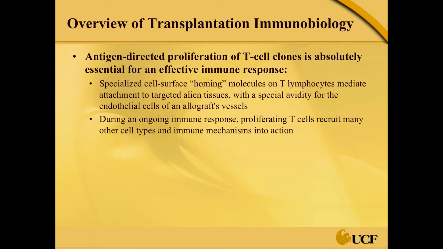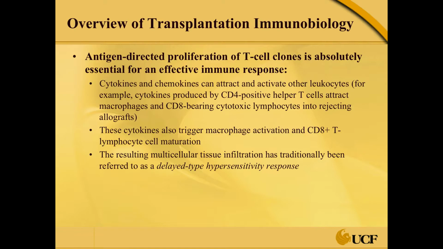During an ongoing immune response, proliferating T cells recruit many other cell types and immune mechanisms into action. Cytokines and chemokines can attract and activate other leukocytes. So, for example, cytokines produced by CD4 positive helper T cells attract macrophages and CD8 bearing cytotoxic lymphocytes into rejecting allografts.